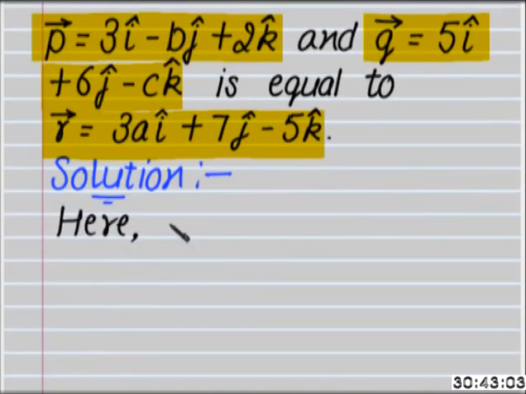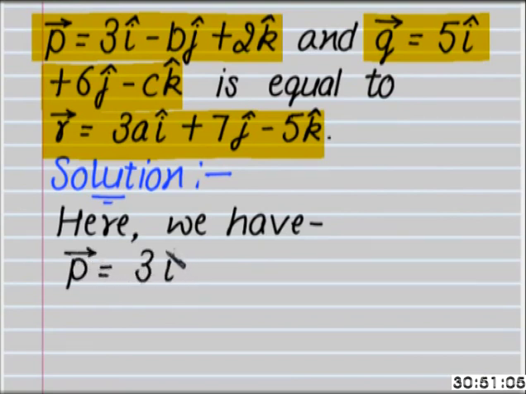Now its solution. Here we have vector P equal to 3i cap minus bj cap plus 2k cap.